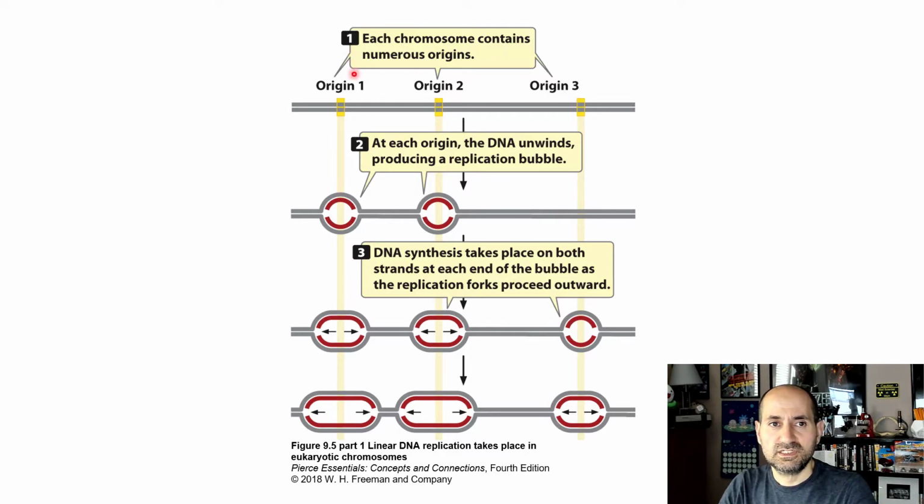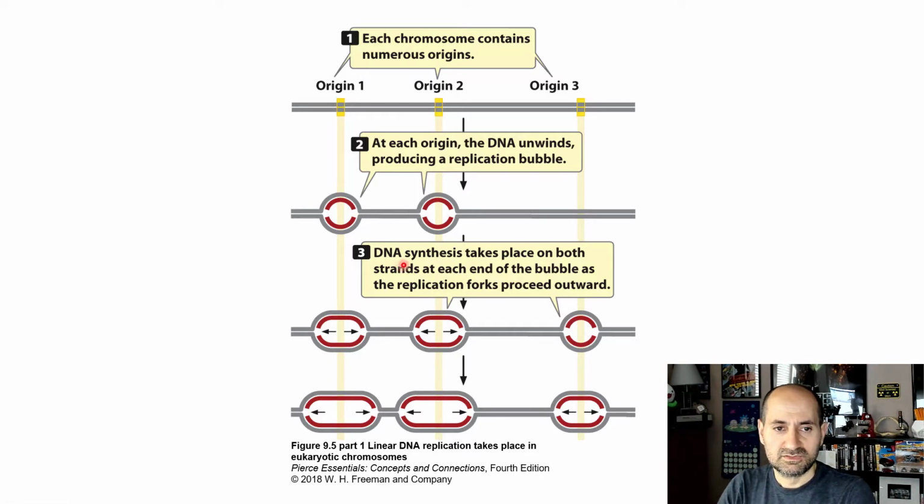Each chromosome contains numerous origins. And then at each origin, the DNA unwinds, producing what's known as the replication bubble. And don't forget, in the replication bubble, you have a replication fork at this end and a replication fork at that end. So replication is occurring in both directions at the same time in each bubble.